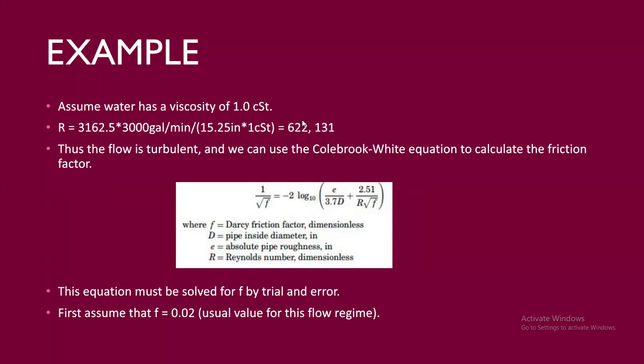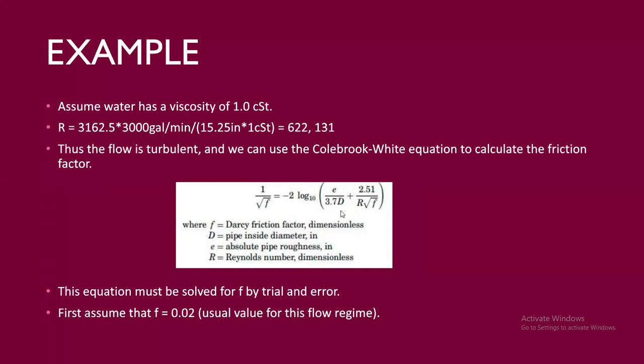We get 622,131, which is greater than 4,000. Therefore, our flow regime is turbulent. Thus, the flow is turbulent, and we can use the Colebrook-White equation to calculate the friction factor.